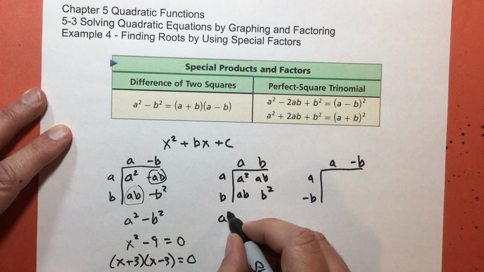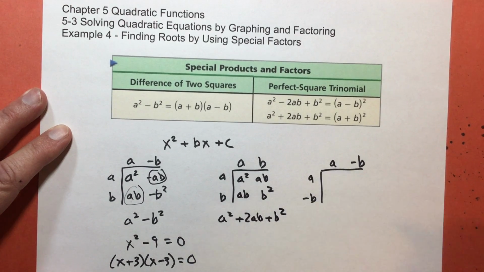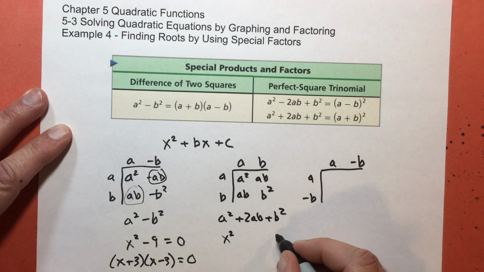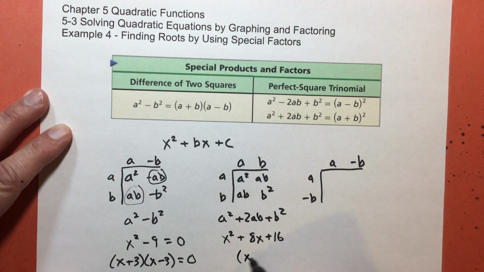So that gives me a squared plus 2 times a times b plus b squared. So I'm going to be looking for patterns where the first part is something squared, like x squared, and the last thing will be something like a perfect square, like 16, and in the middle, I'll have something like 8 times x. So this would be x plus 4 times x plus 4.